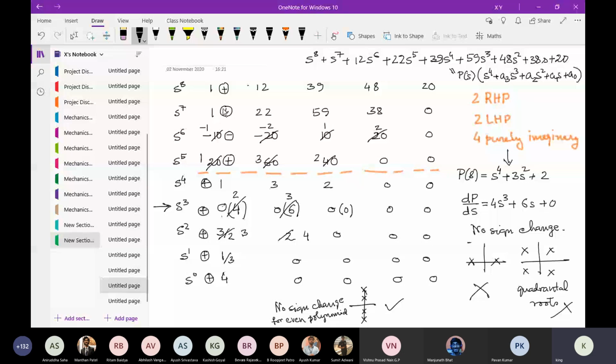It's basically based on the fact that, see, if you have a polynomial of s to the power n, then right next to that, what will you have? s to the power n plus a n minus 1, s to the power n minus 1. Now what is a n minus 1? It is actually the sum of all the roots.